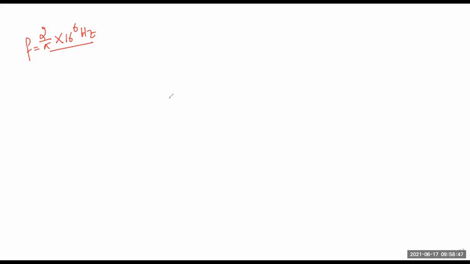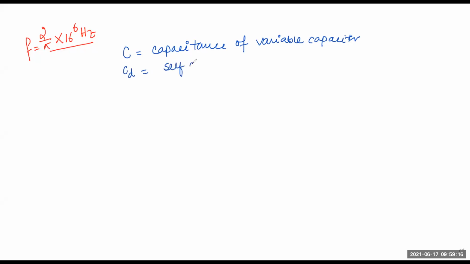So two things we need to know. First of all, we need to know the capacitance of the variable capacitor. So let us consider C to be the capacitance of the variable capacitor, and CD is the self capacitance of the coil, and L is the inductance.